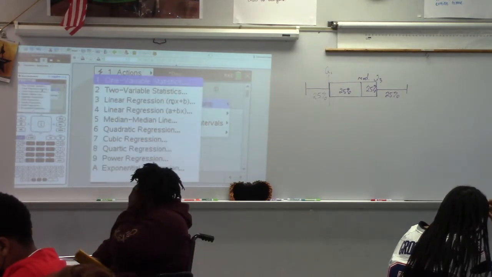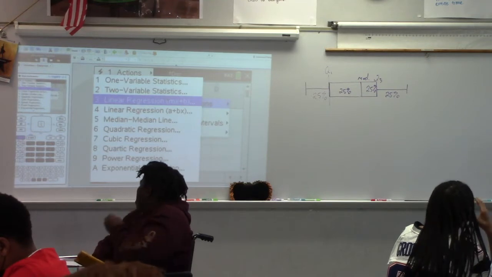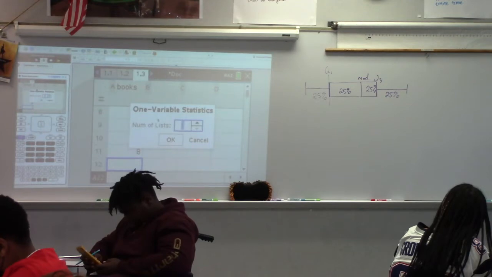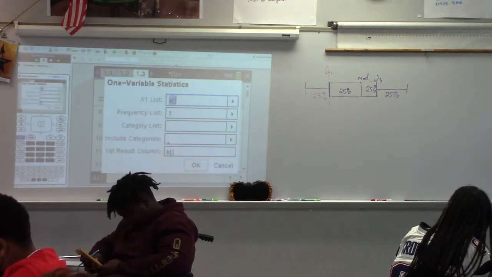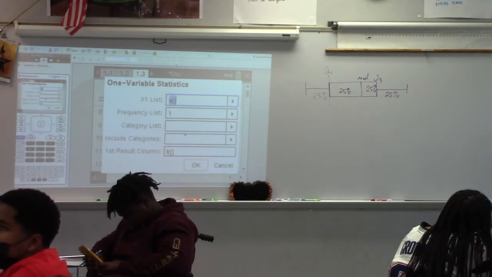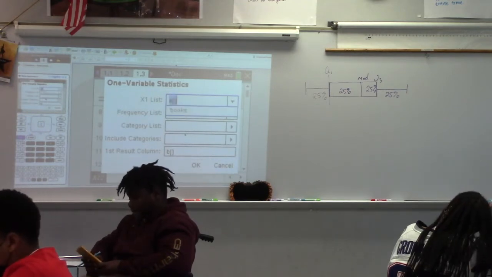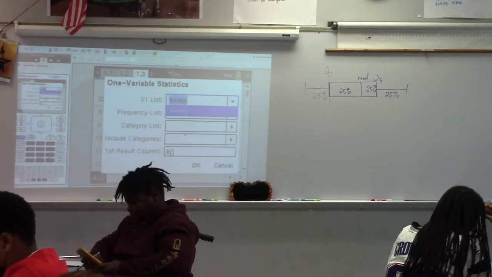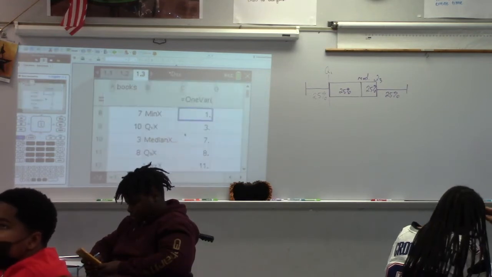Stat calculations, and how many variables do we have? One variable, okay? So just do number of list 1, don't ever do more than one list, okay? The X list, that's my variable. I'm just going to click to the right, select books, hit enter, and I'm good to go.